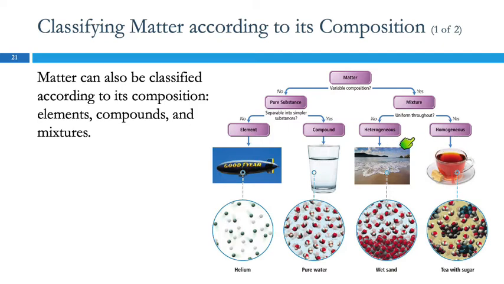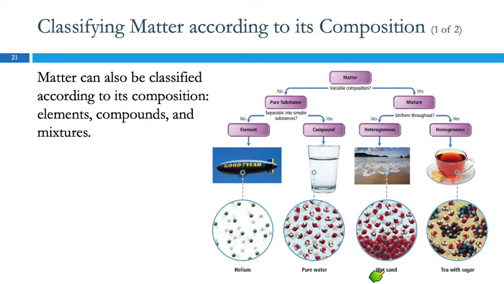So homogeneous, homo is a prefix that means the same. So all of the particles in it are similar. It's the same throughout, right? There's not different sections. Heterogeneous, hetero means different.